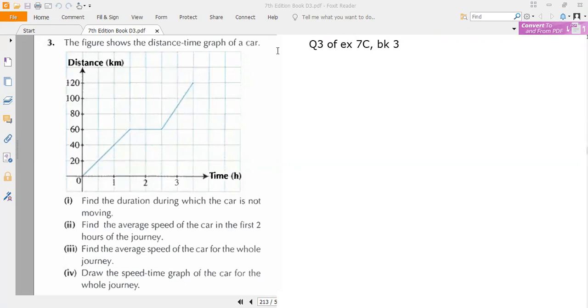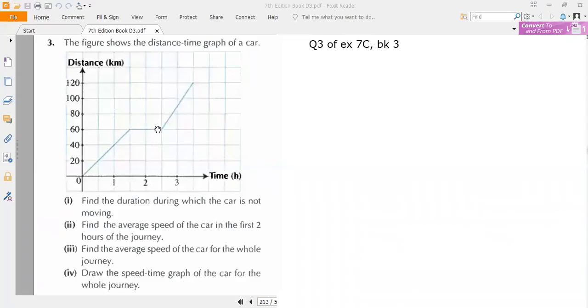This line is showing when the car is not moving, when the car is stationary, and this line is again showing when the car is moving.